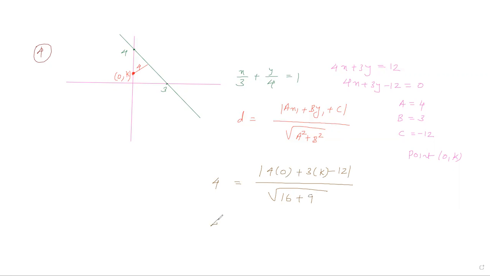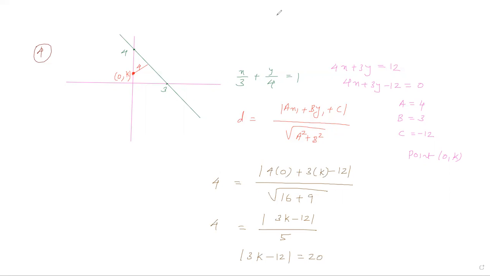So 4 is equal to modulus of 4 into 0, which is 0, you get 3k minus 12, the whole divided by 5, since 16 plus 9 is 25, so 5. From this you get modulus of 3k minus 12 is equal to 20.